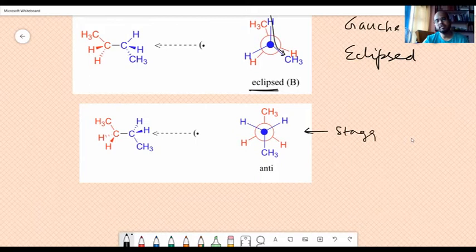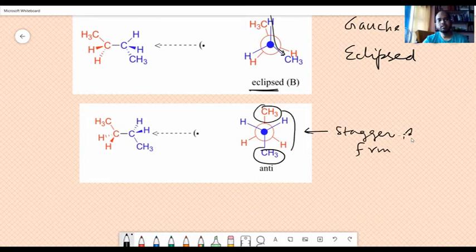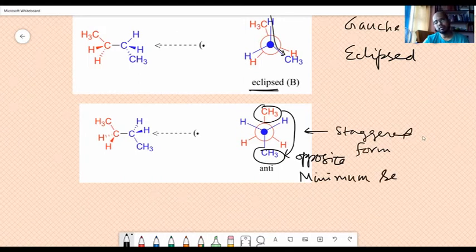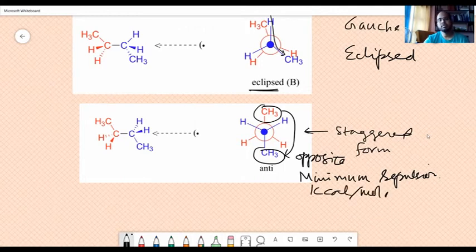What has happened is that the CH3 and this CH3 are quite opposite. As a result, they experience minimum repulsion. The repulsion is calculated in terms of kilocalories per mole.